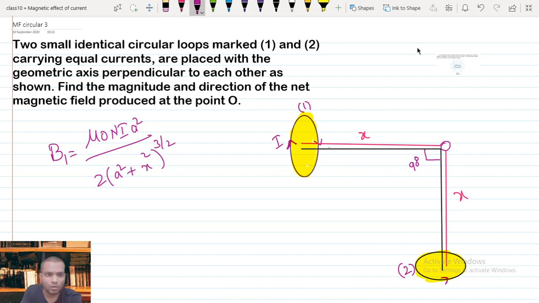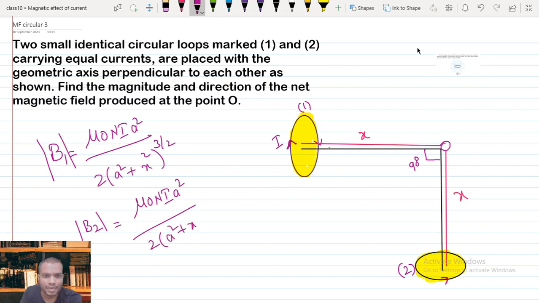Now for the second coil, I am writing just the magnitude, so I can put the modulus. The modulus of B2 for the second coil, since point O is also an axial point for the second coil, equals mu naught n I a square upon 2 into (a square plus x square) whole power 3 by 2.